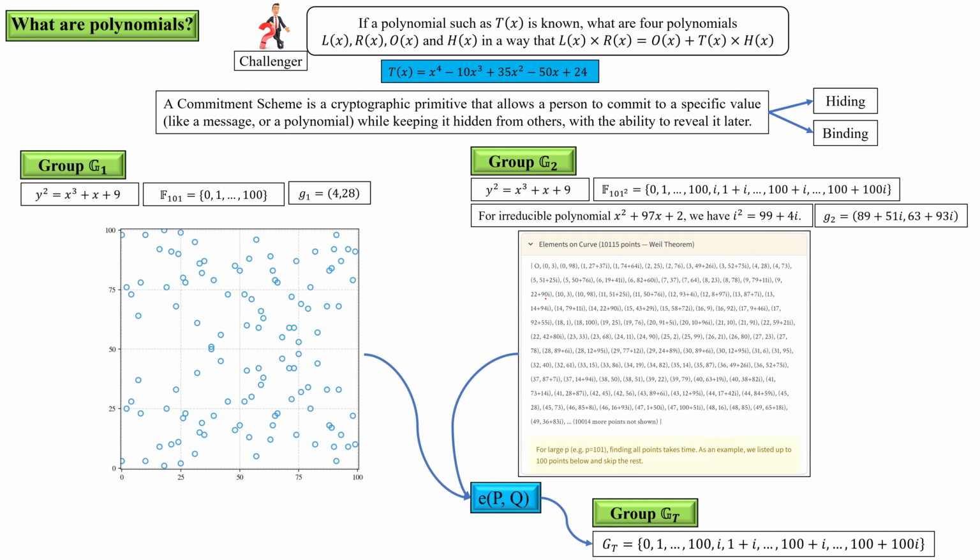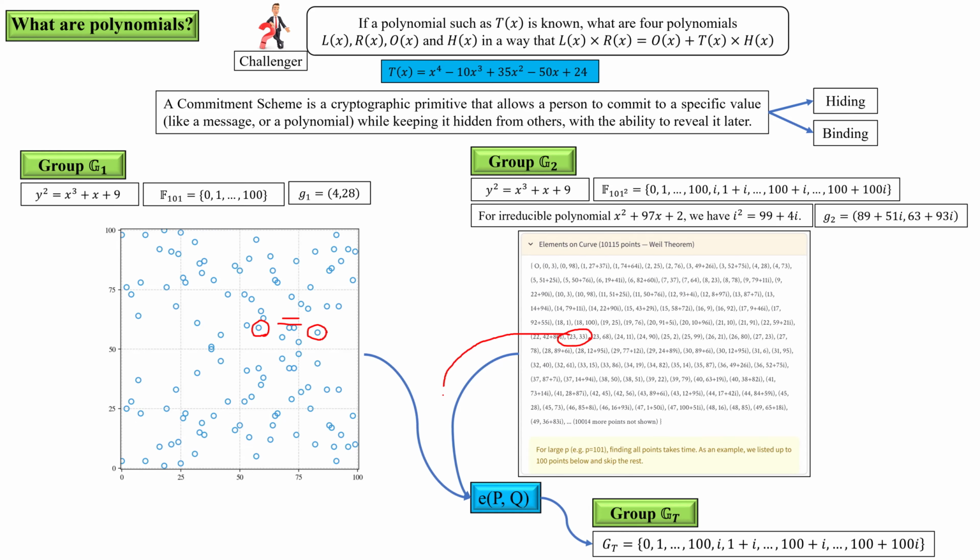Here, the verification algorithm says that if you have 2 points and you want to ensure that these 2 points are equal to each other, instead of comparing these 2 points to each other, you can compute the pairing of each of these 2 points with another point from the group G2, right?